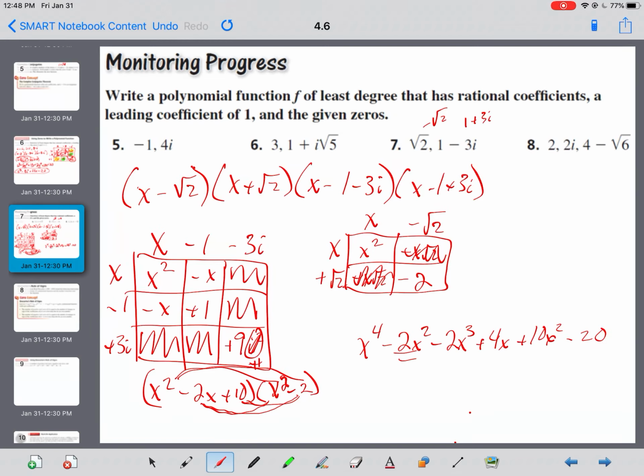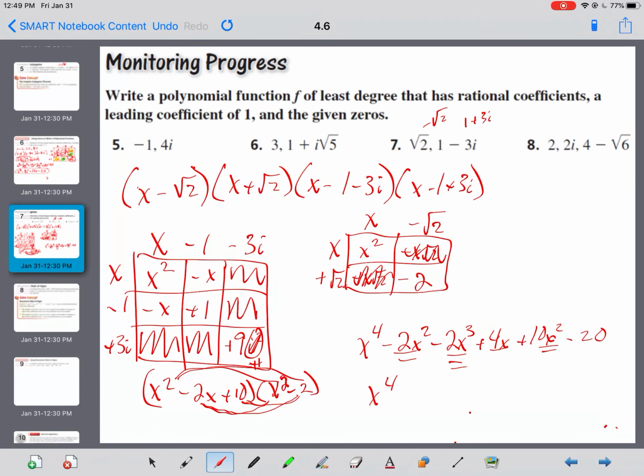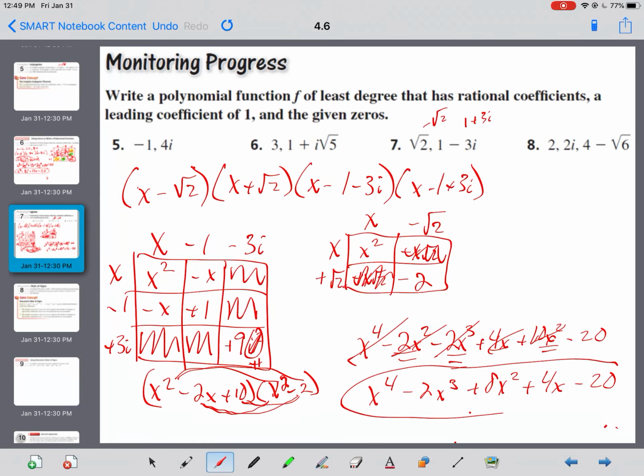All right, so x to the fourth, negative 2x to the third, plus 8x squared plus 4x minus 20. Sticking them all together.